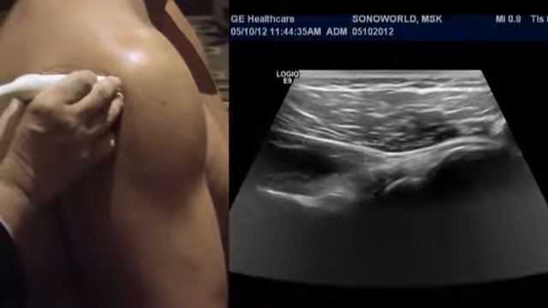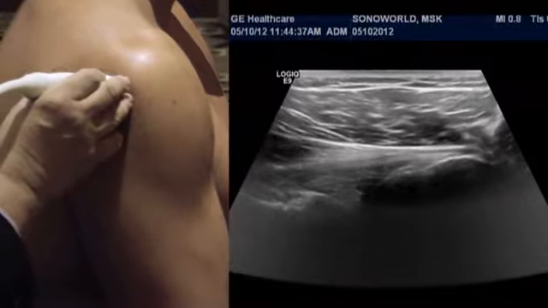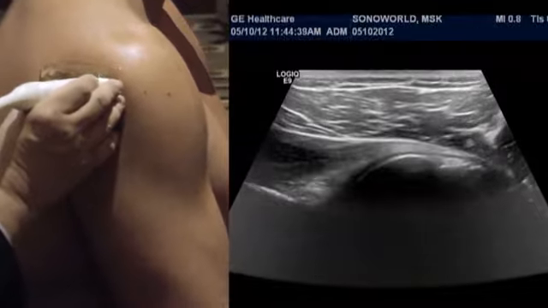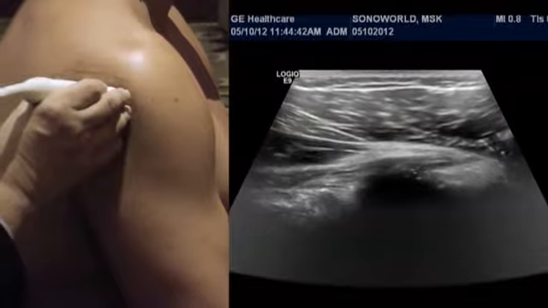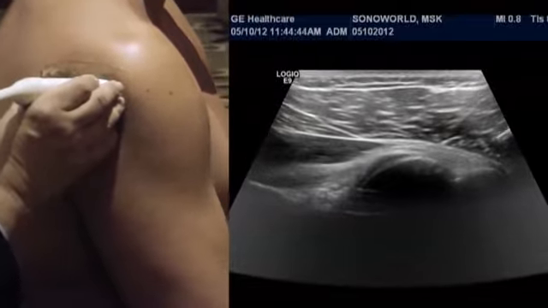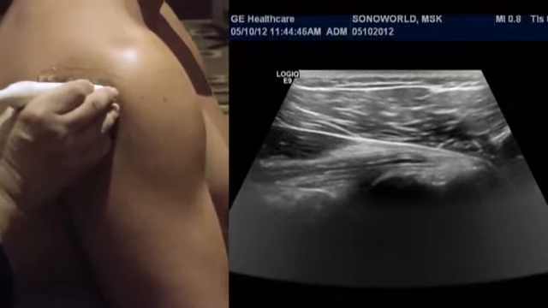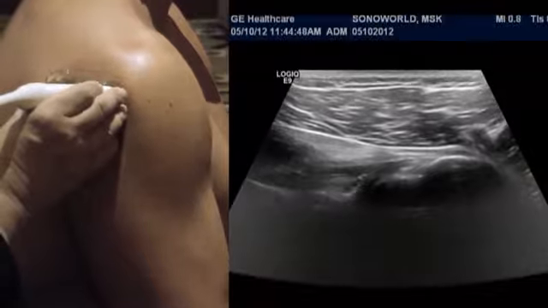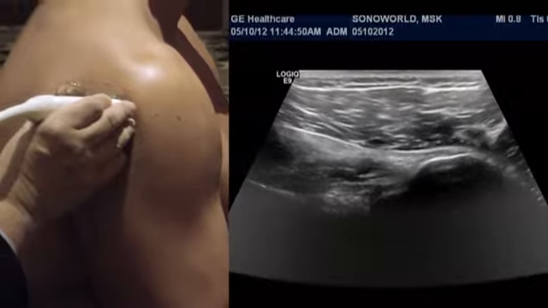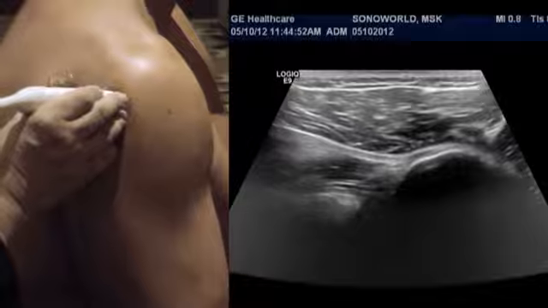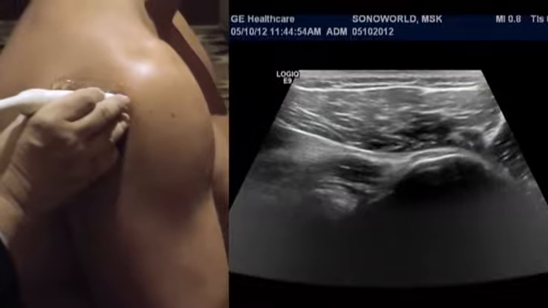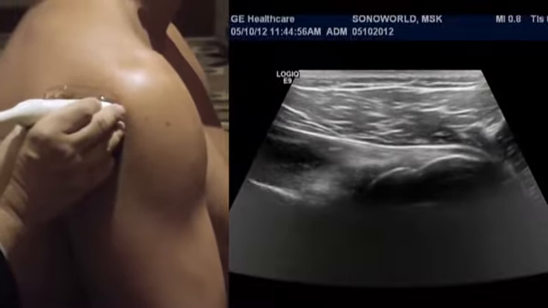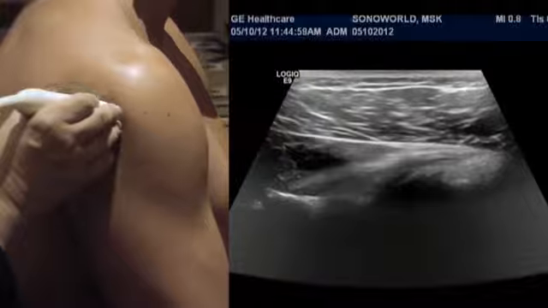So as you continue to look now, there are several findings that may begin to lead to the suspicion of internal impingement. Note that the bare area is a bit deeper. Second, that it begins to impale on the apex of the labrum. And so those are two of the three findings.